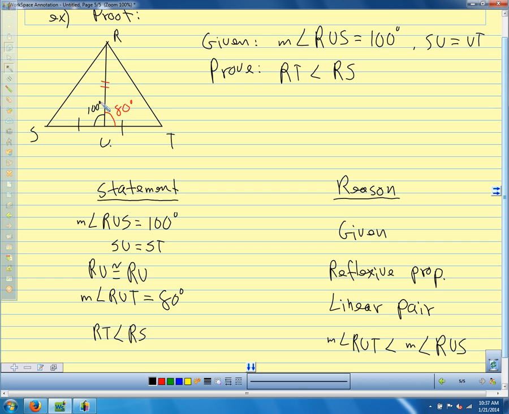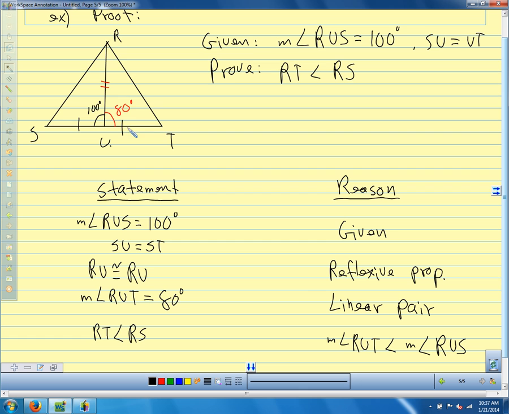I would be fine if we showed that these were congruent, and we said that we knew that because this angle is smaller, that side has to be smaller. Yes? Because this is a straight line, so these two have to add up to 180.